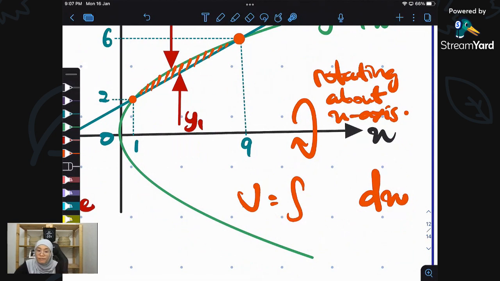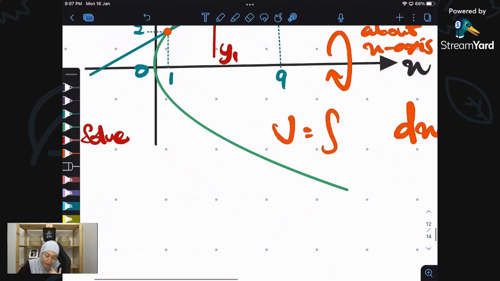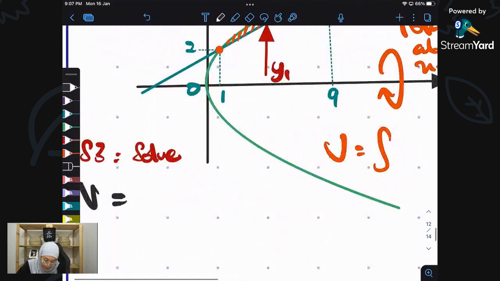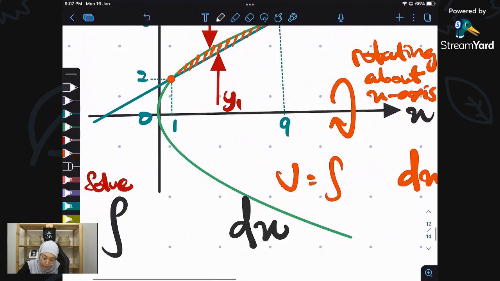So this is the moment we go deeper into the volume. Here we go, let's solve this. Find the volume. I use V for volume, and I prepare the integral with dx. Why x? Because the rotating is about the x-axis.